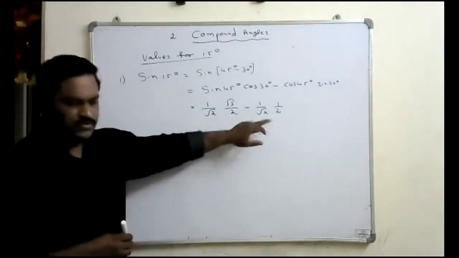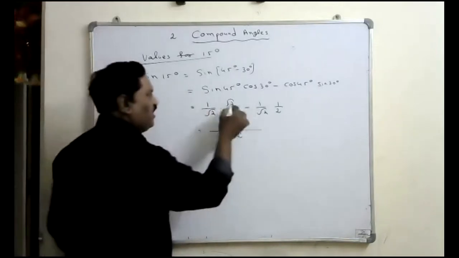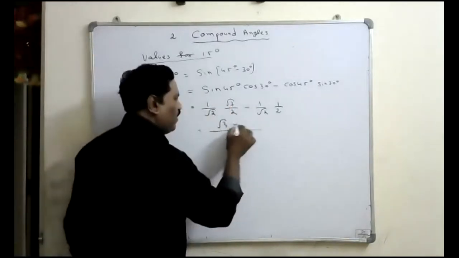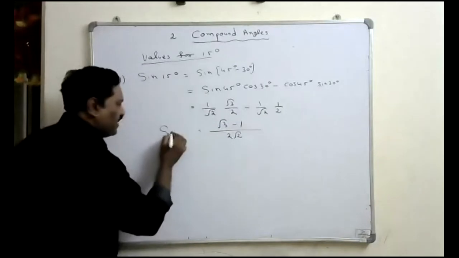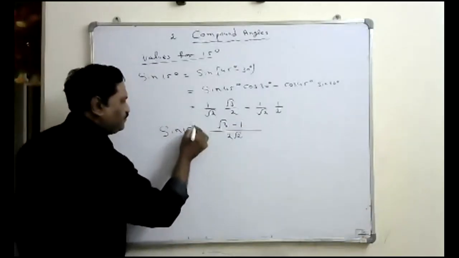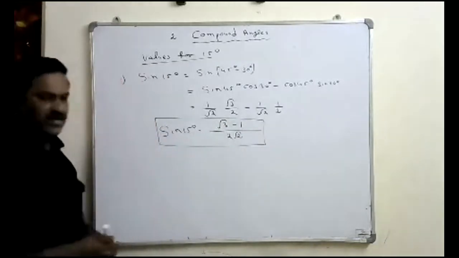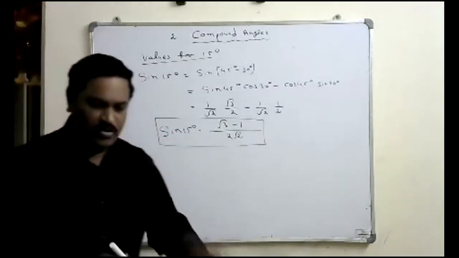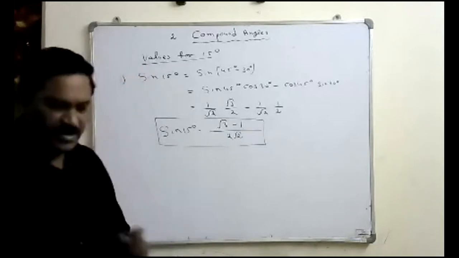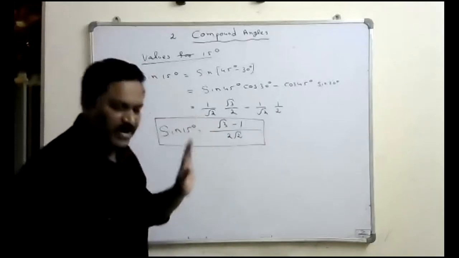So in the numerator, root 3 into 1, that is root 3 minus 1. So this is the value of sine 15 degree, root 3 minus 1 by 2 root 2. That value also we have to remember.